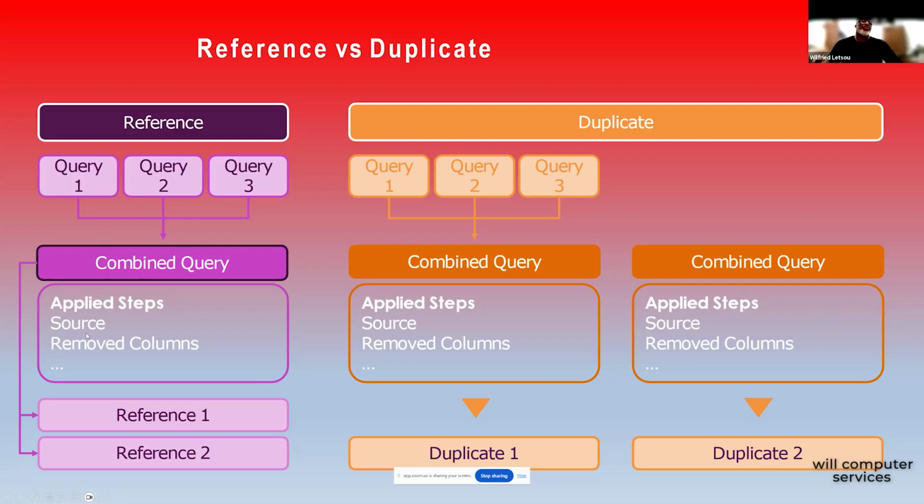The reference table gives us reference 1 and 2 out of the combined table. But when you come to the duplicate, we also have query 1, 2, 3, and now we have combined query separate, combined query separate. So instead of one query, we have two separate queries that give us two different duplicates.